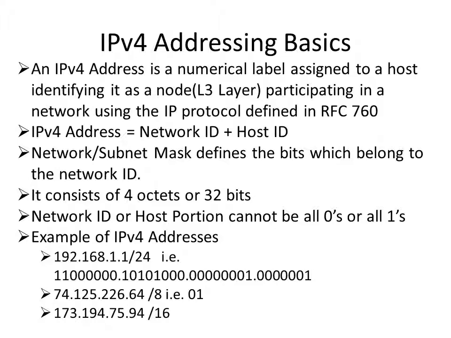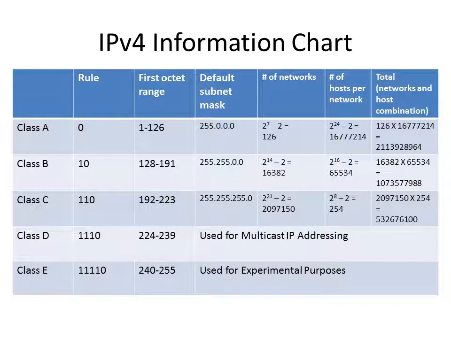So let's go on to the next slide. Here we have a chart on IPv4, and it divides it up into the 5 different classes of IP addresses, and a class represents an IP address range.